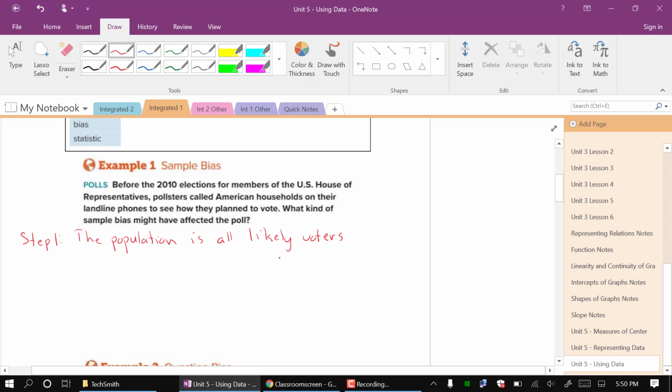The next thing we're going to do is identify the sample method. So step 2 is the data was collected by landline.